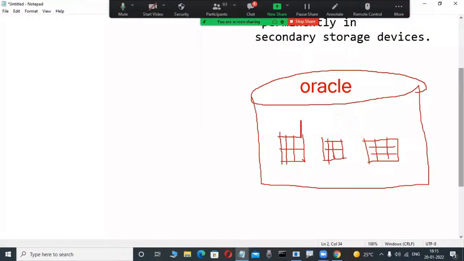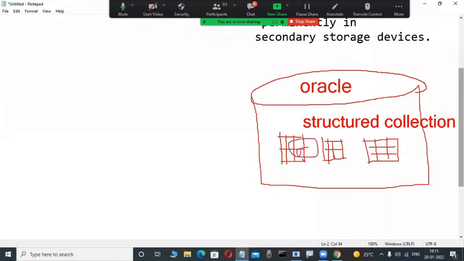Once a structured collection of data is there, all relational databases store a structured collection of data. That is important, not non-structured. Non-structured means other databases are there. Oracle is one of the popular relational databases.